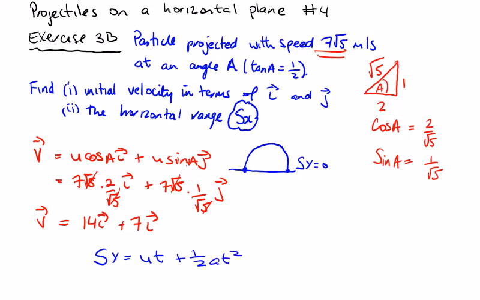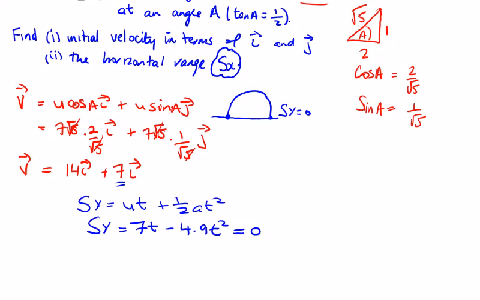So s is equal to ut plus a half at squared. So the displacement in y is 7 times t, and we know a half a is 4.9, so minus 4.9 t squared. So this would have to be equal to 0. Can I take 4.9 out of here and make it work out evenly? I think it does.